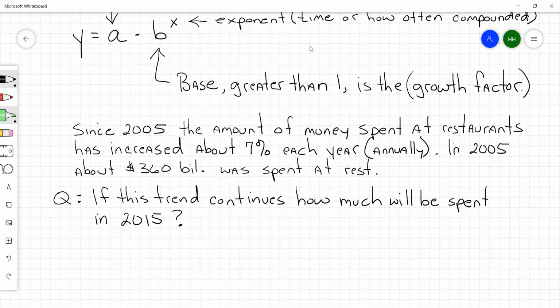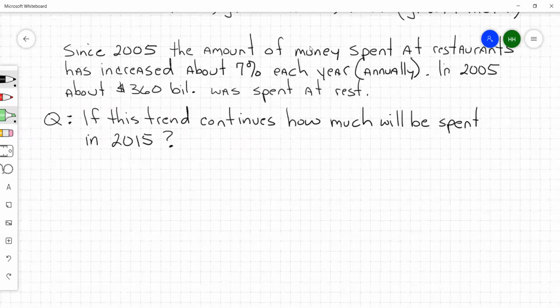All right, so we're going to use this function y is equal to a times b raised to the x power. Our x in this case is going to be the number of years since 05.